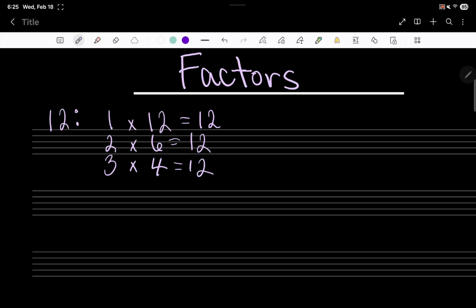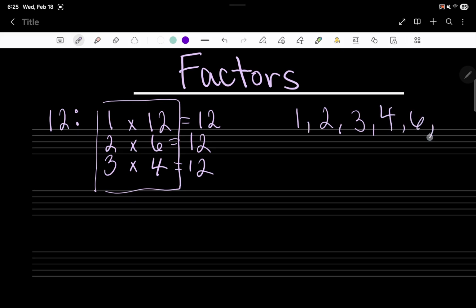Now, we know that the factors of 12 are these numbers: 1, 2, 3, 4, 6, and 12.